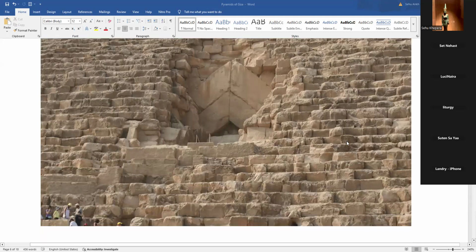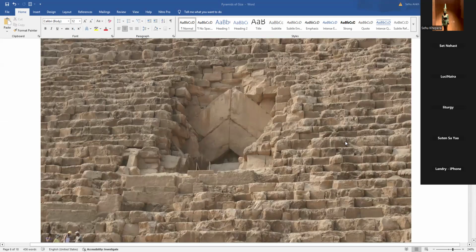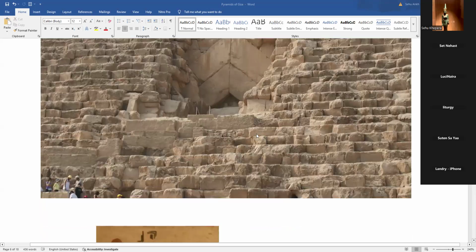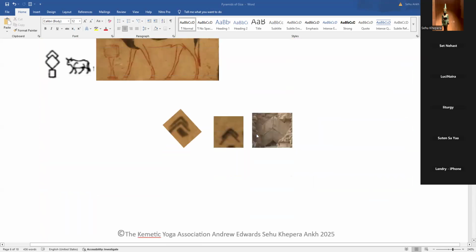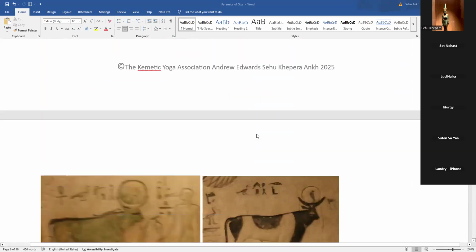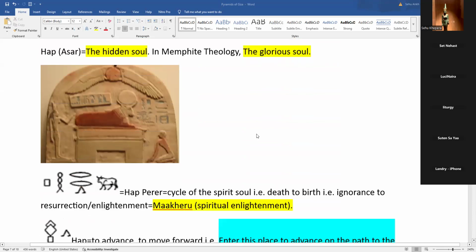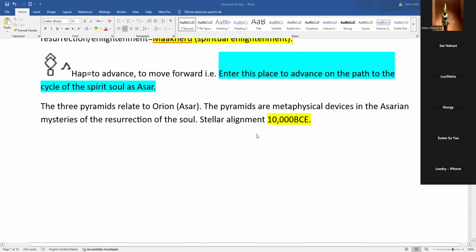And we went through the hieroglyph that is above the entrance. So we're working with the outer structure, or the outer portion of what is referred to as a pyramid, the Mer.